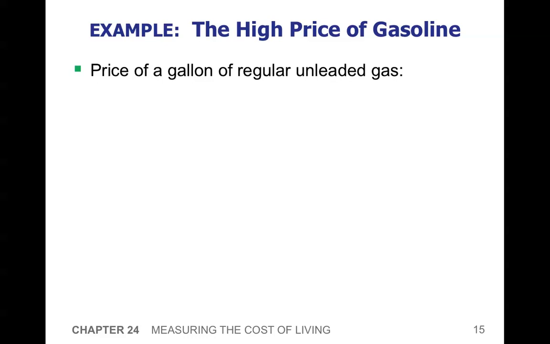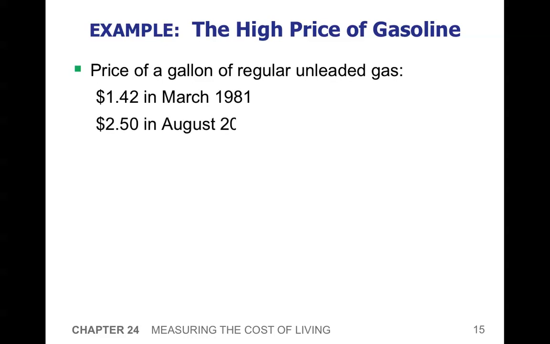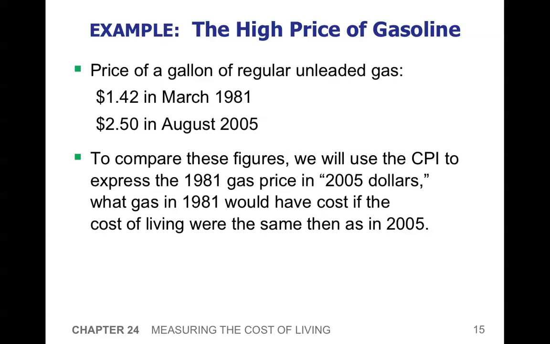The price of regular unleaded gas in 1981 was $1.42, and in 2005 it was $2.50. To compare these figures, we will use the CPI to express the 1981 gas price in 2005 dollars.